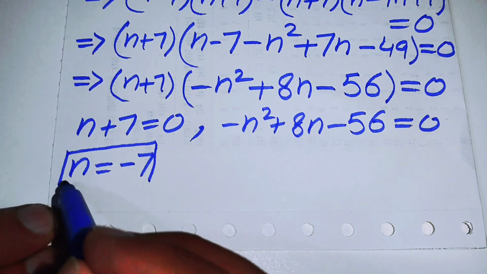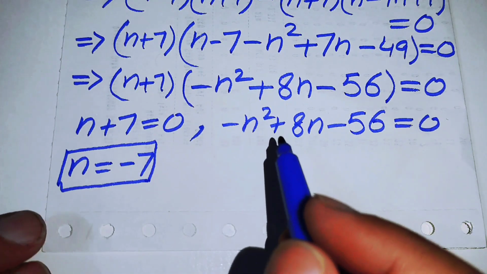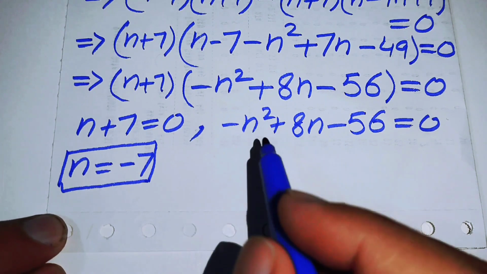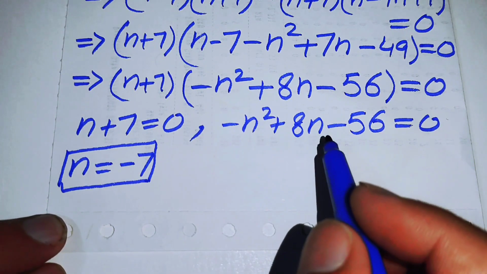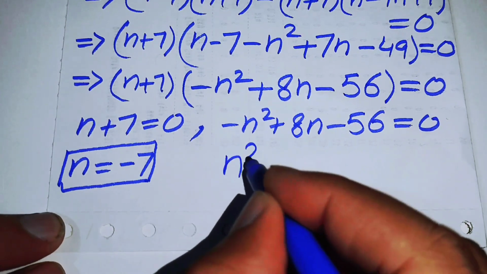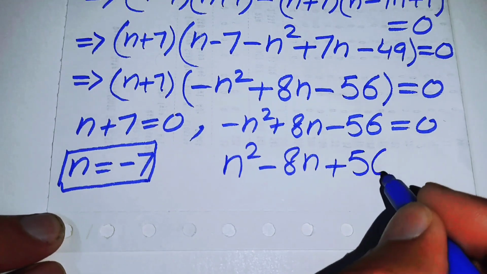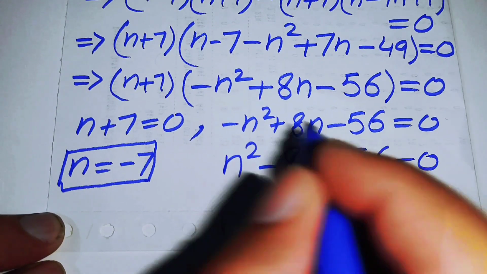So this is the first root of this equation, and now in order to find the other roots, we will solve this part as well. So here I can first multiply each term by a minus sign on both of the sides, then you will get n squared minus 8n plus 56 is equal to 0.